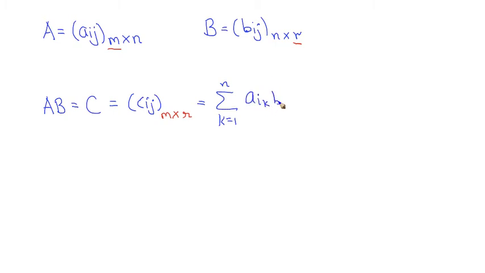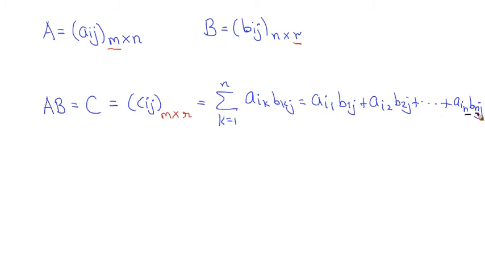If I take k equals 1, ai1 b1j, plus if I take k equals 2, ai2 b2j, plus and so on. Lastly, k equals n, so ain bnj. And that is why it is important that we have this same n.